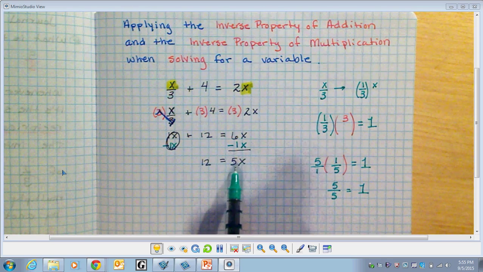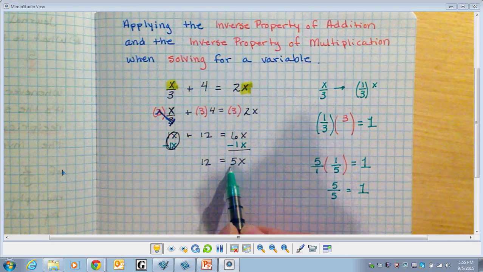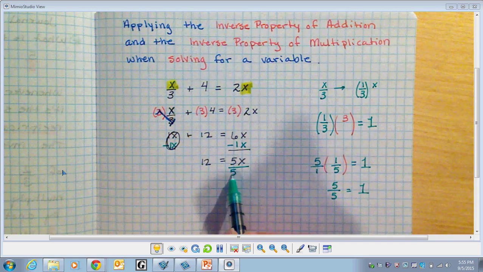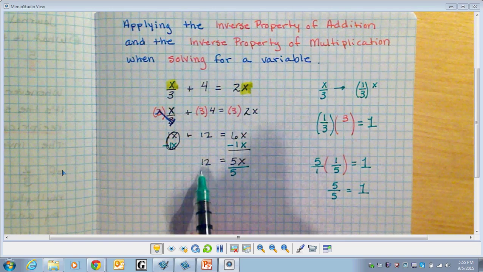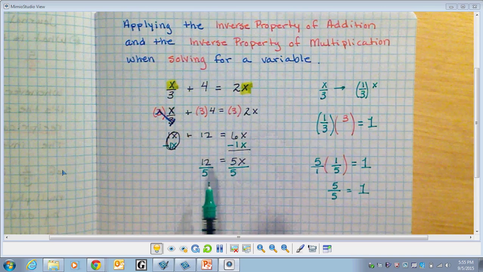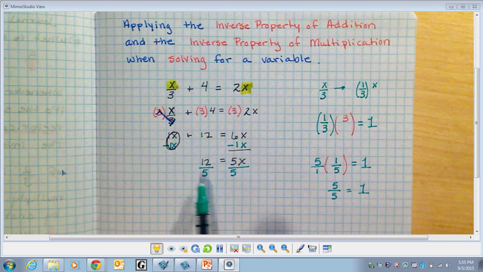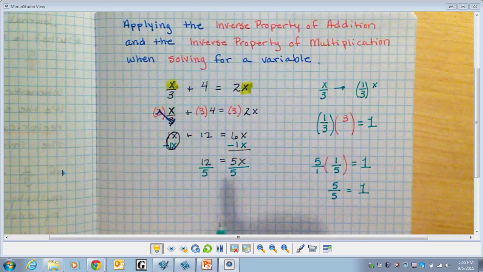So if I want to turn this 5 into a 1, I'm going to divide it by itself. Could multiply by 1/5, but it's easier to just do division, which means what I do to one side, I do to the other. Since I only have one term here, I only divide by one term. But if I were to have 2 terms, I would have to do all my terms the same.